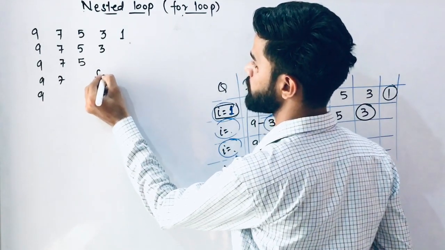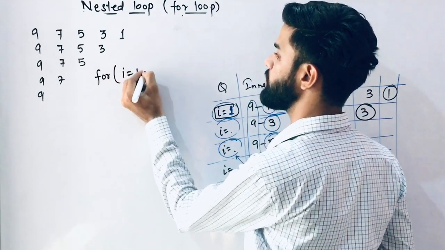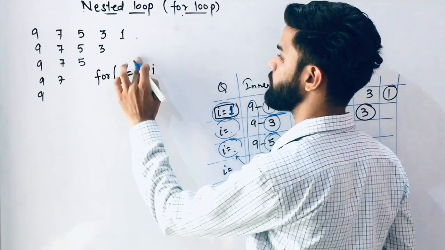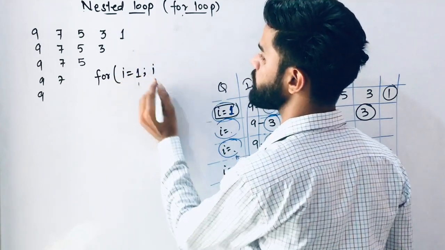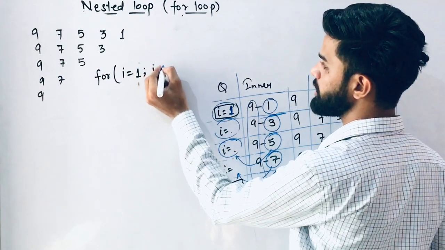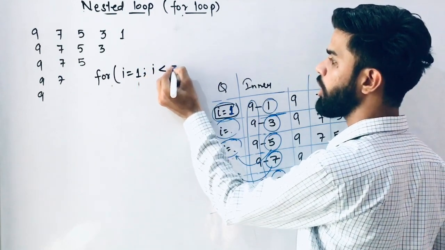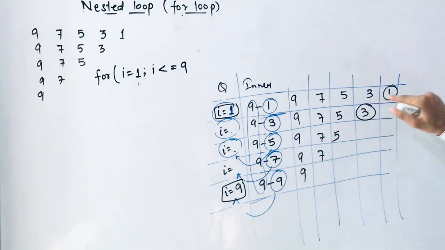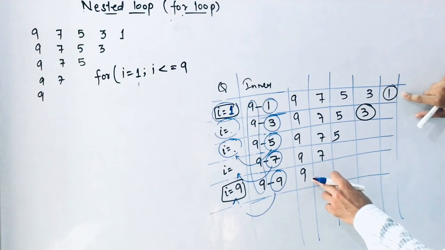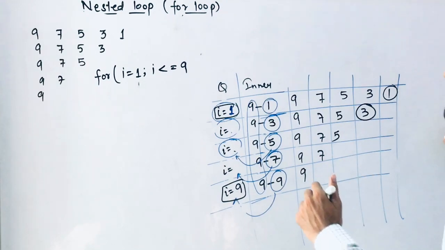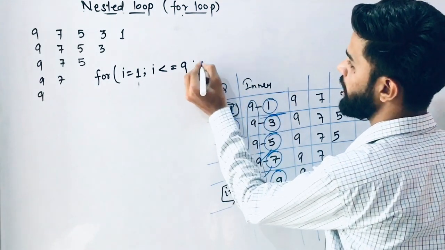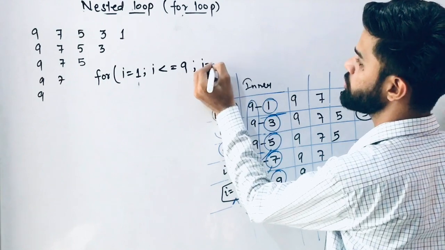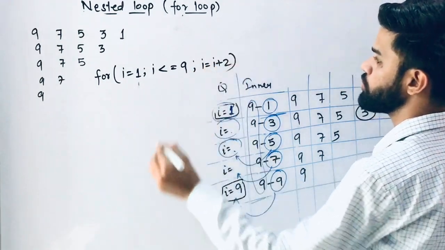For I equals to 1, I is less than or equal to 9, because I starts from 1 and ends at 9, and then I equals to I plus 2.